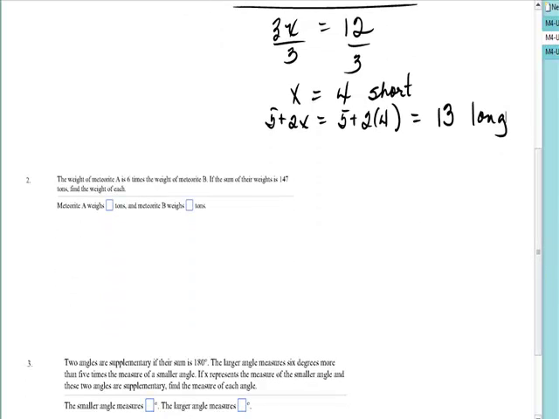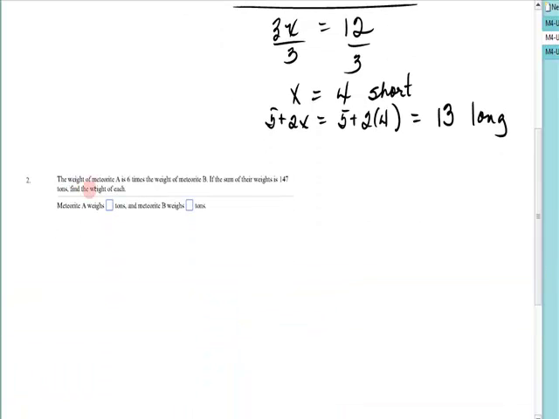Give myself a little more room. It says the weight of meteorite A is 6 times the weight of meteorite B. If the sum of their weights is 147 tons, find the weight of each. All right, comparison.